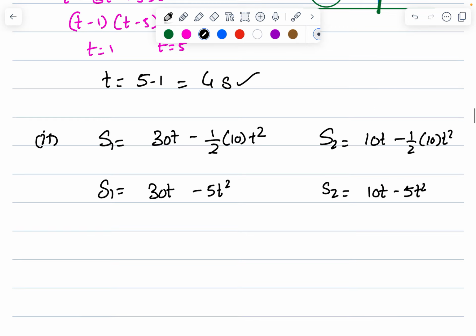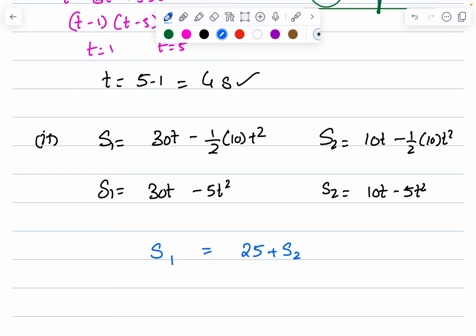Now, what is S1? S1 is nothing but S2 plus 25, or S1 minus S2 should be equal to 25. Because whatever the distance S1 is traveling, it has to travel the 25 meters plus the distance traveled by S2.